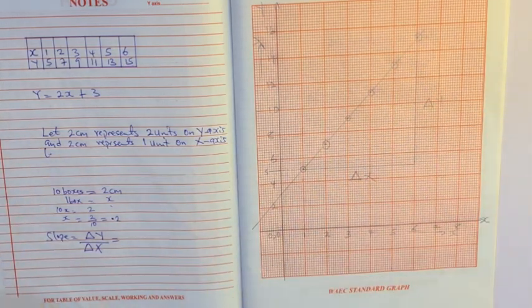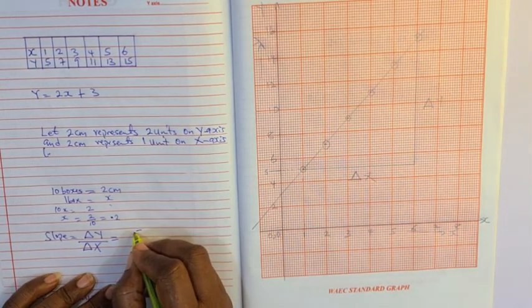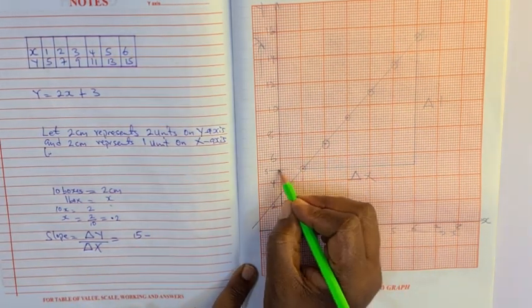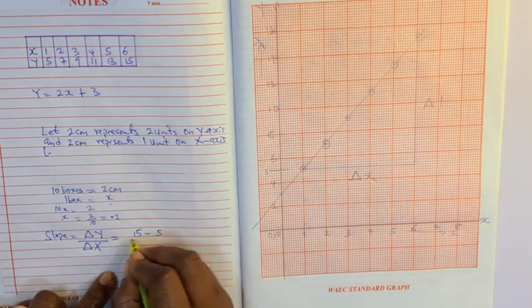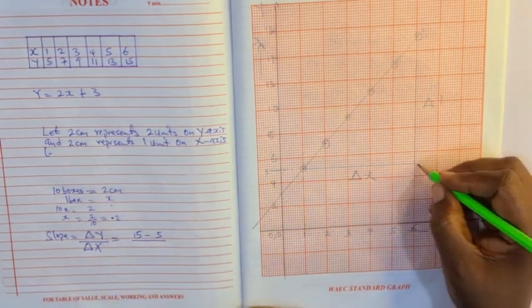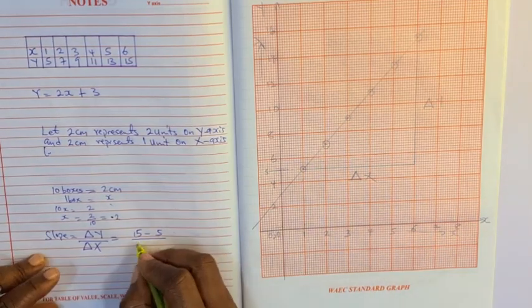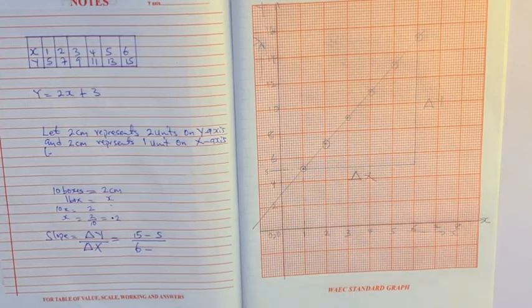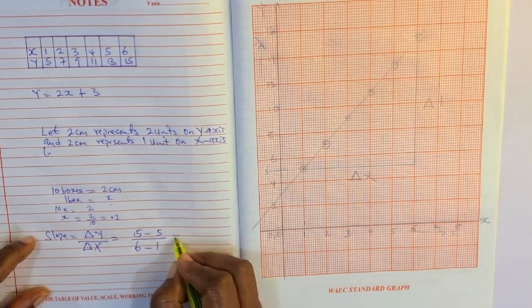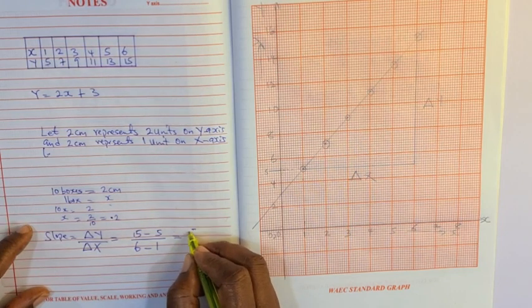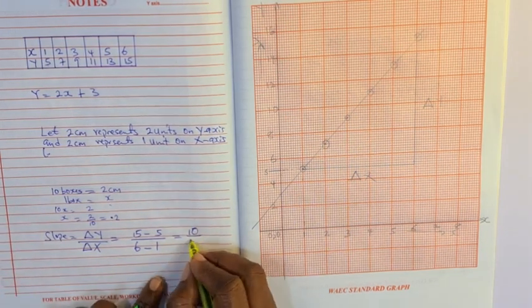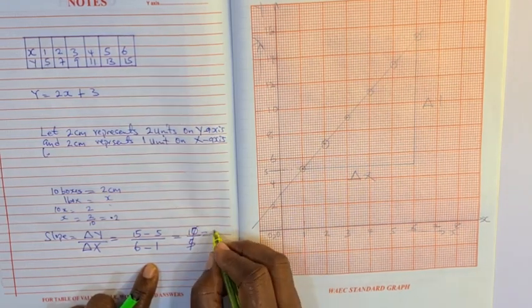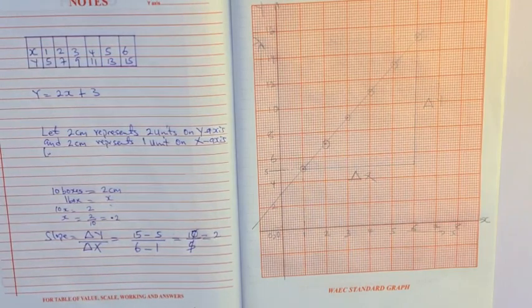Here is 15. 15 minus 5, all over 6 minus 1. This is 10 over 5. You cancel. This will give you 2. Our slope is 2.